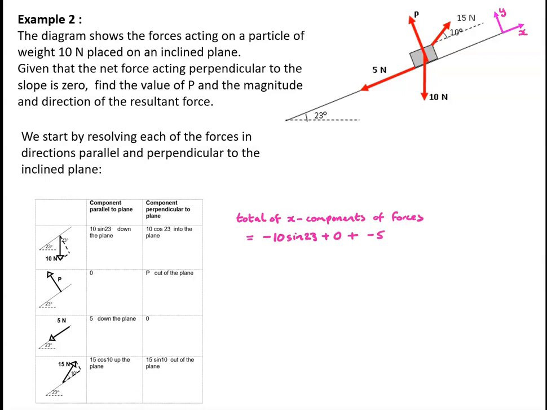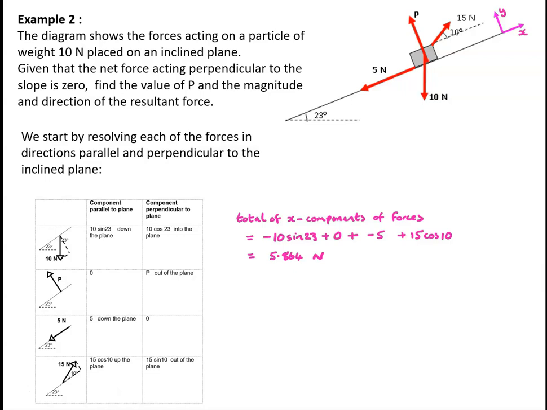And then finally we've got the x component of the 15 Newton force is 15 cos 10 up the plane, so that is positive 15 cos 10. So the total of all of the x components is equal to 5.864 newtons.